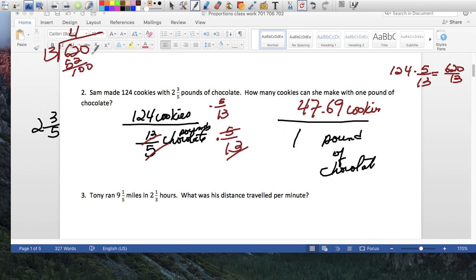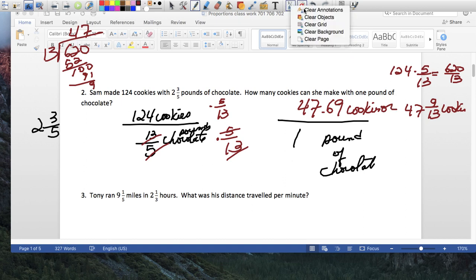And then 13 times 7 is 91. I have 9 left over. So you can write it as a fraction: 47 and 9 over 13 cookies. So you can make 47 cookies and a little bit more than half of the next cookie. So either of these are completely fine.